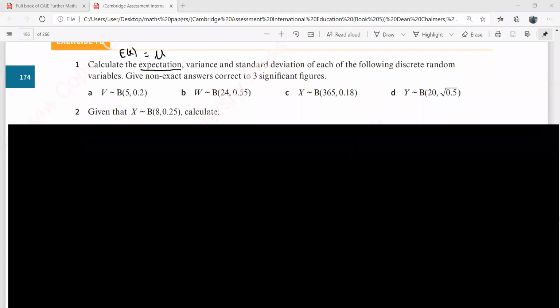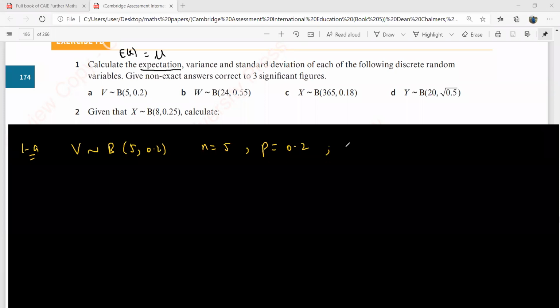In question 1a, V is binomially distributed with n as 5 and p as 0.2. So your n is 5, your p is 0.2, and your q is 0.8.